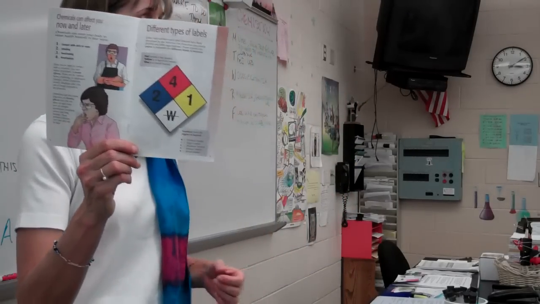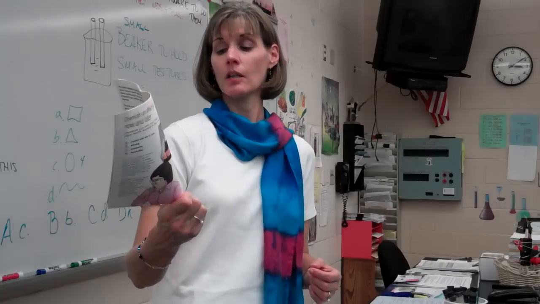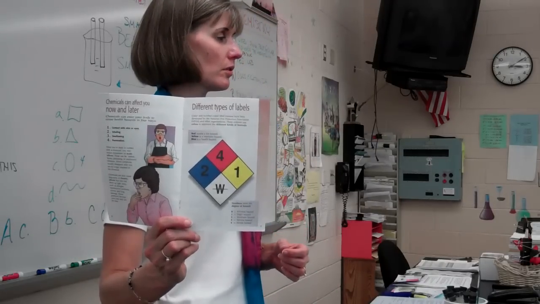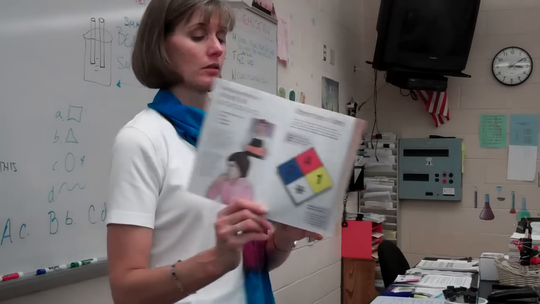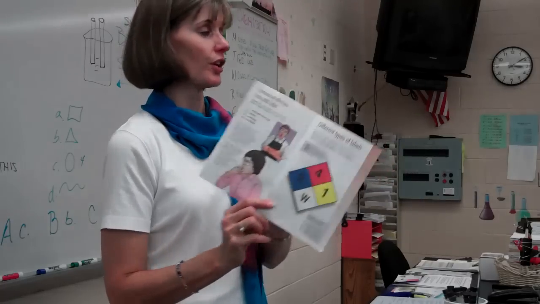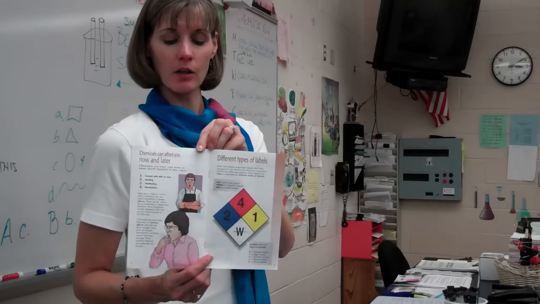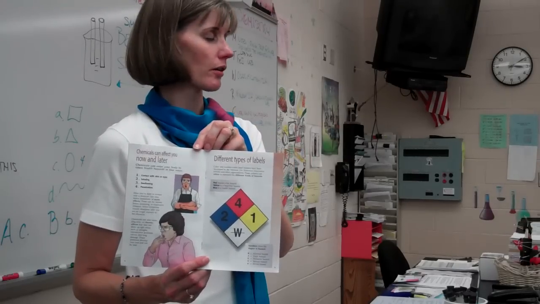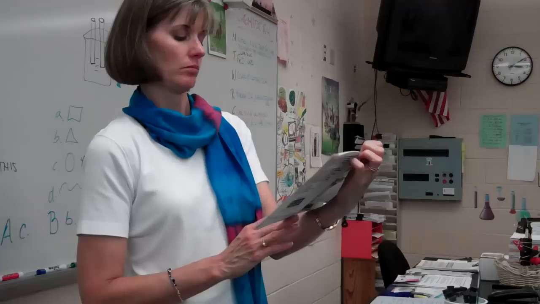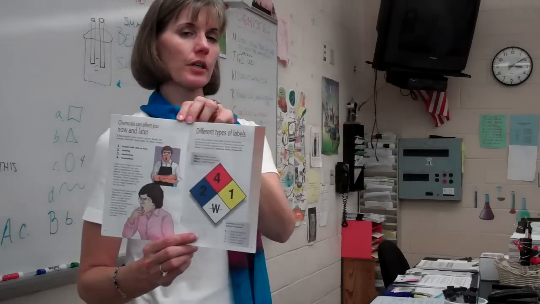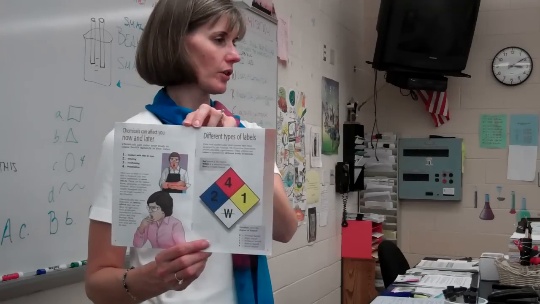And we have anything from 0, meaning minimal hazard, all the way up to 4, which is severe. So we have a number ranking code from 0 to 4: minimal, slight, moderate, serious, and severe.